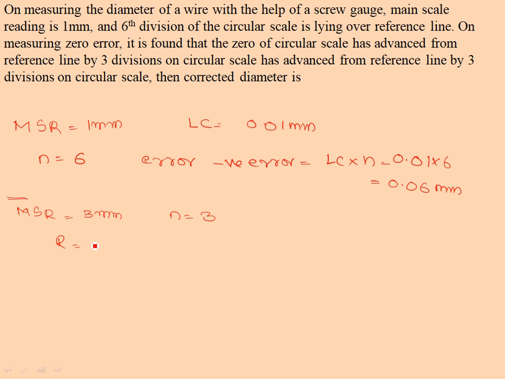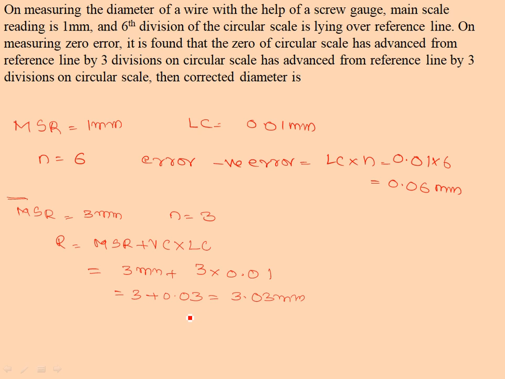The reading will be equal to MSR plus VC into LC, that is 3 mm plus 3 into 0.01, or 3 plus 0.03, which is 3.03 mm.